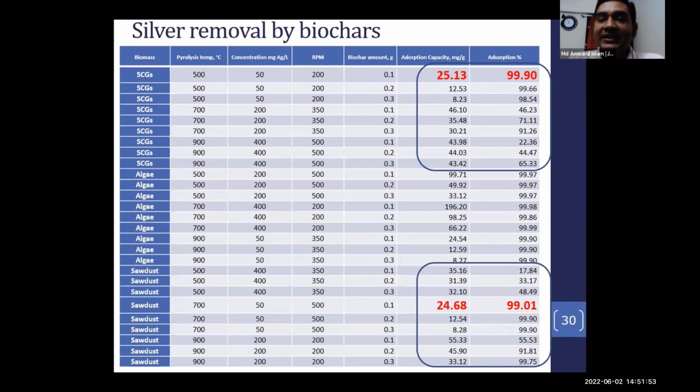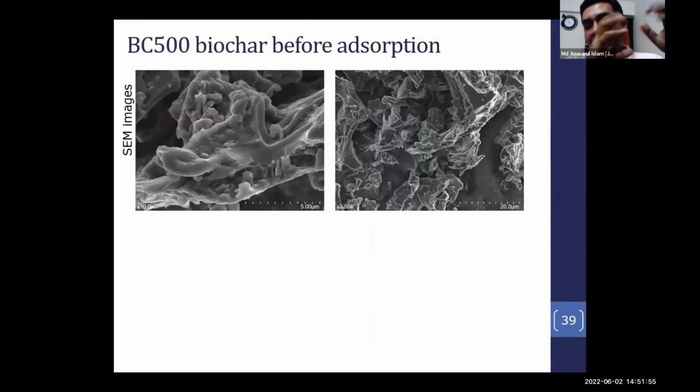So to understand the silver adsorption property on the surface, I did the SEM-EDS analysis of the before-adsorption biochar of 500 degree coffee.